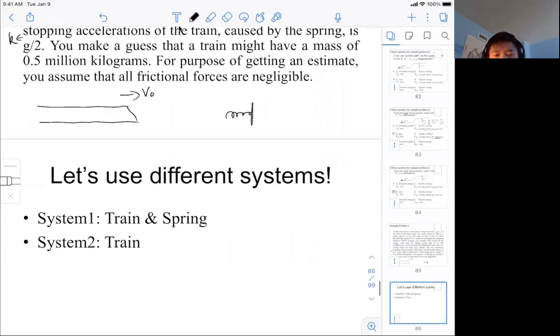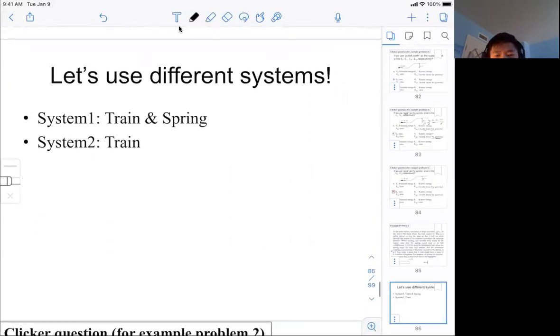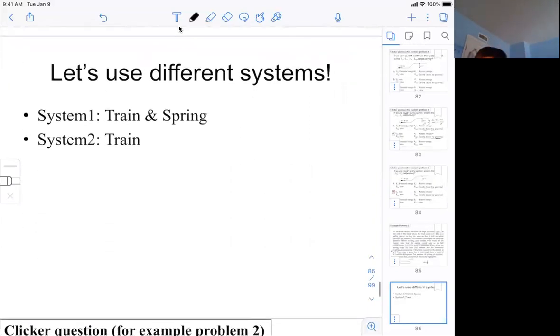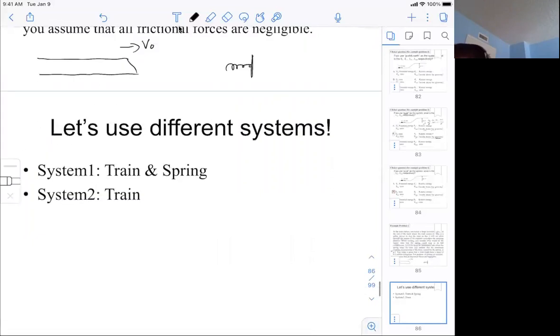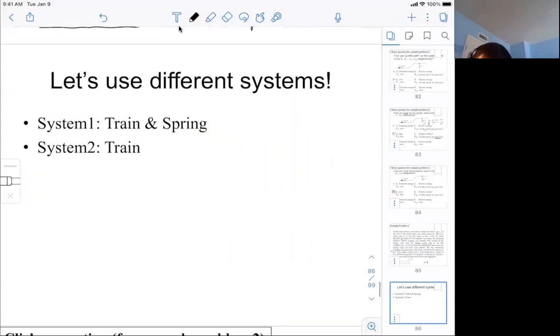Okay, so let's try to use different systems. For the first system, you can choose to include the spring in your system, or you can exclude it. Here, I didn't talk about Earth. Why is that? Because the train is going in the horizontal direction. There is not going to be any change in potential energy, or any work done by gravity.